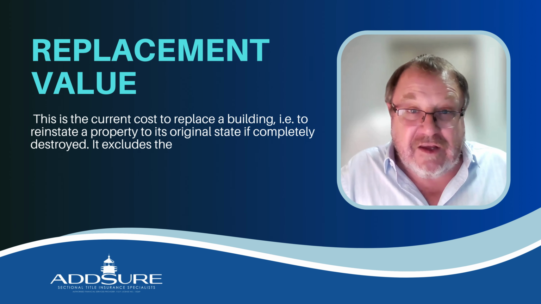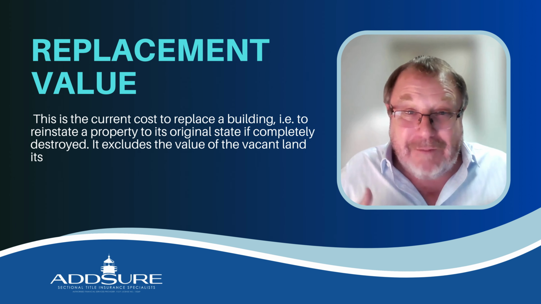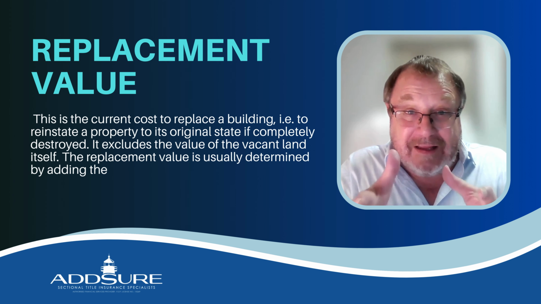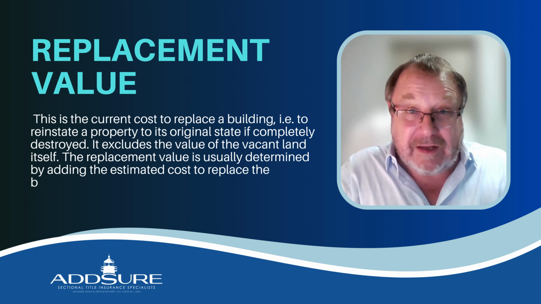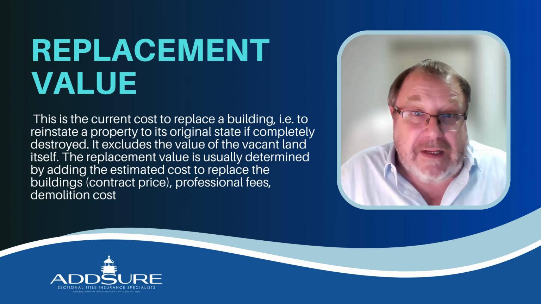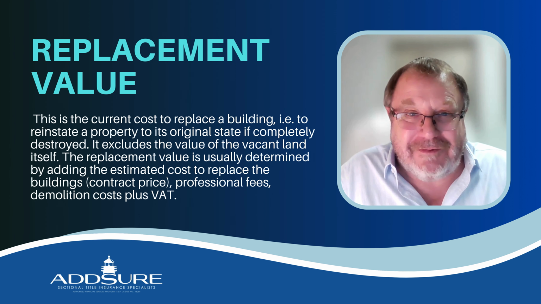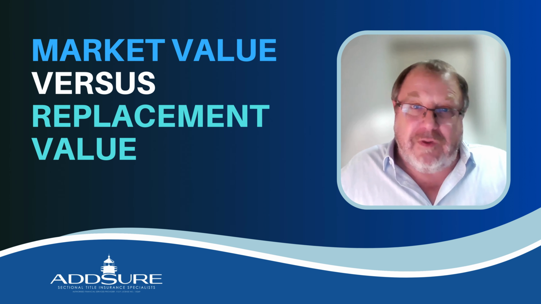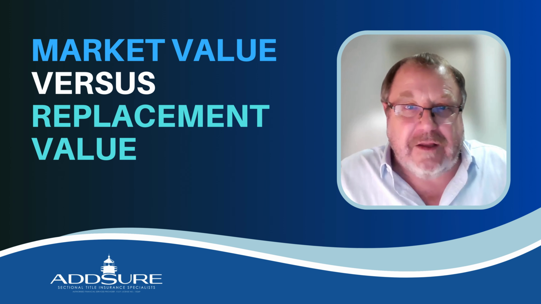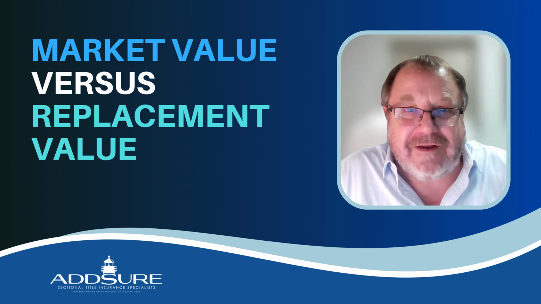In other words, taking into account removing the rubble, putting it all back together, planning, and then building, and the house then complete. What would it cost to achieve that? And that would be replacement cost. Okay, so one is the price that something sells for, and the other one is to put it back the way it was before the event.